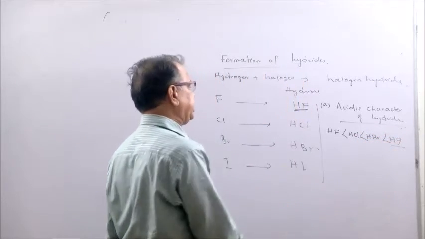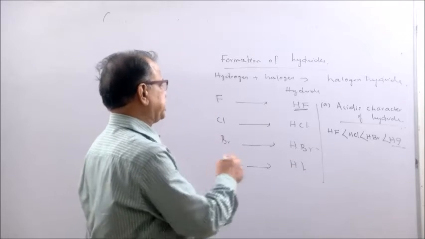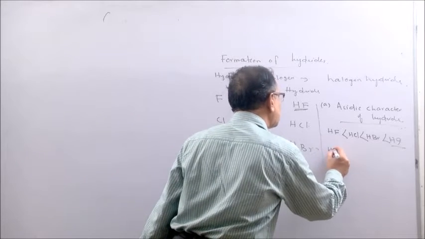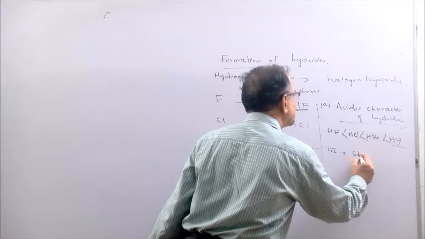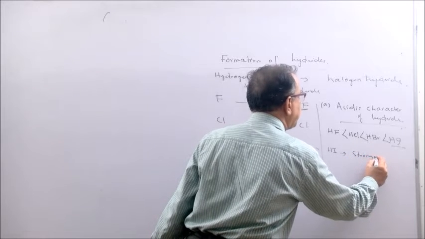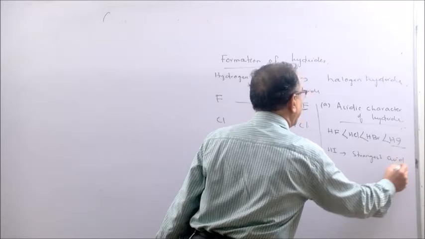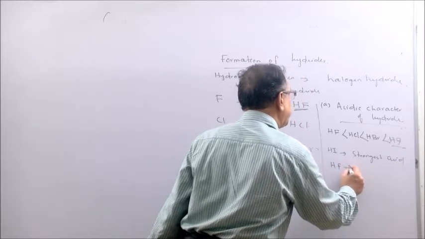Among these, HI is the strongest acid, and HF is the weakest acid.